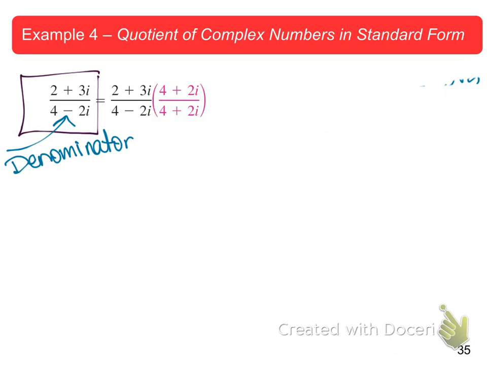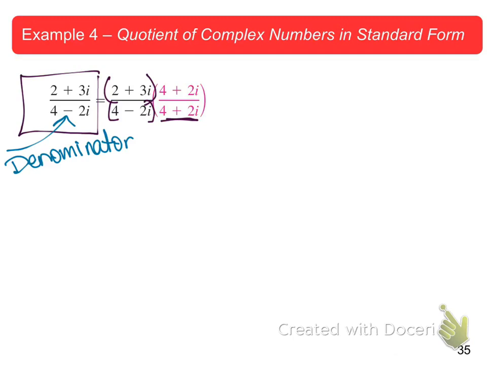So, I have 4 minus 2i. My conjugate is going to be 4 plus 2i. Okay, so I am going to multiply the top and the bottom by the same thing.